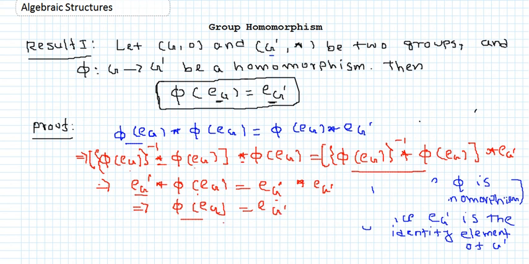So phi of EG is the identity element, proved. That's how we prove this result. This is one of the results in the chapter of group homomorphism. In my next video I will talk about a few more results in this direction. Please come back in my next video, and thank you for watching.